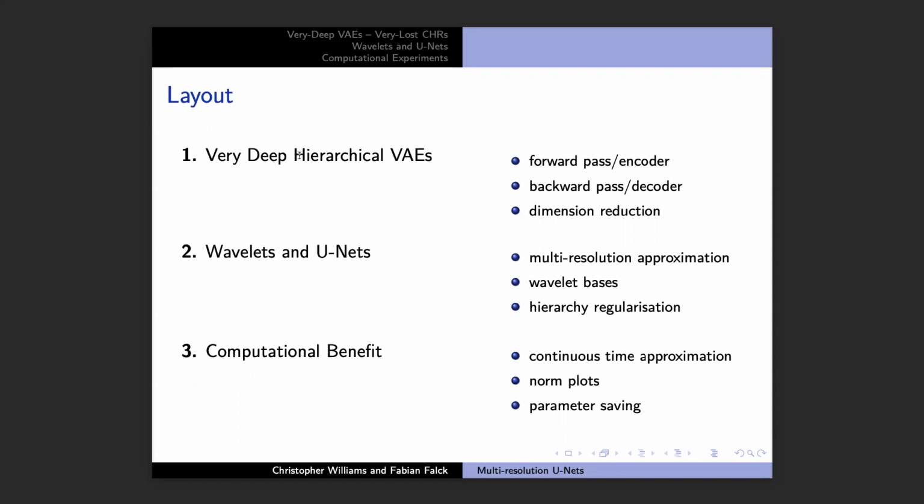The last part is we jump back to the VAE, and we're going to try and interpret exactly what these weird electrical cells are doing, and what can we sort of infer from our section 2 modeling. And what we find is we can get a little bit more of the properties of this beastly structure that they have, and we exploit that to get a bit of a computational gain. So let's get into it.